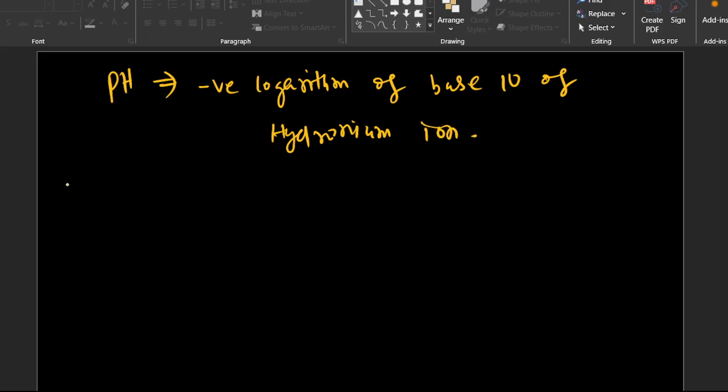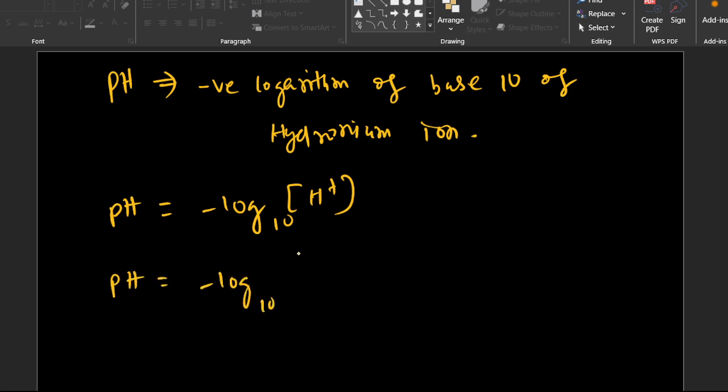So you can write pH equal to minus log base 10 of the H plus concentration, or pH equal to minus log 10 of the H3O plus concentration.